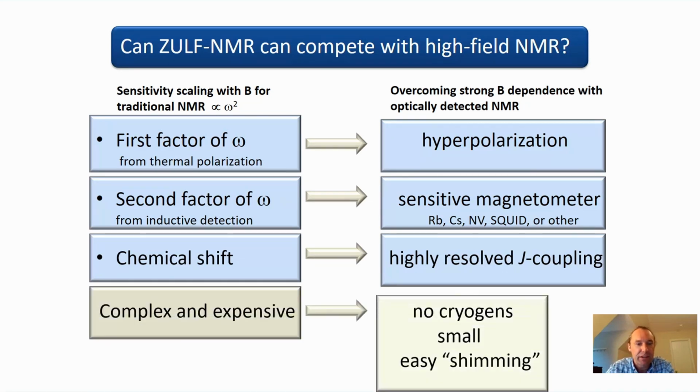And so then, if all of this can be done, we're moving from a very complex and expensive NMR modality that really has been driven by going to higher and higher magnetic fields, to a system that hopefully doesn't require any cryogens, is small, can fit in your pocket, and has easy shimming because there's no magnetic field, for example, if you go all the way down to zero magnetic field.